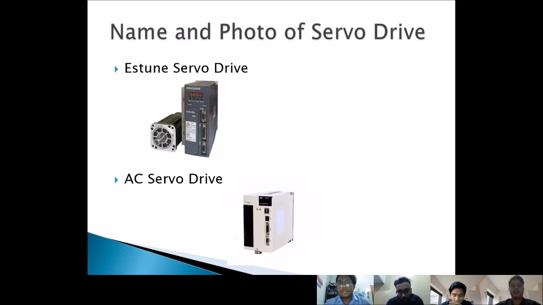These are two pictures of servo drives that can be found in our local market or industry. The first picture is a servo drive of the Estune brand. This type of servo drive is an AC servo drive.